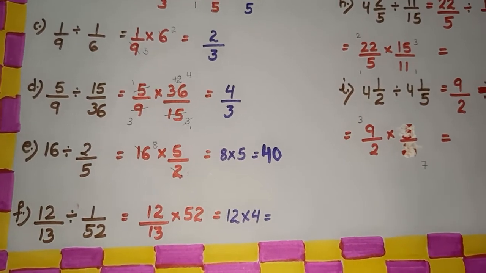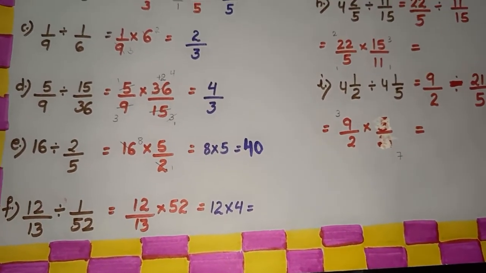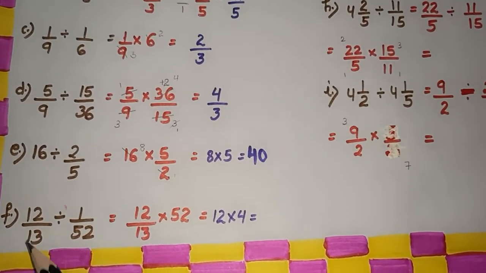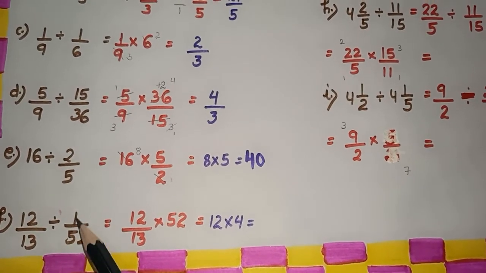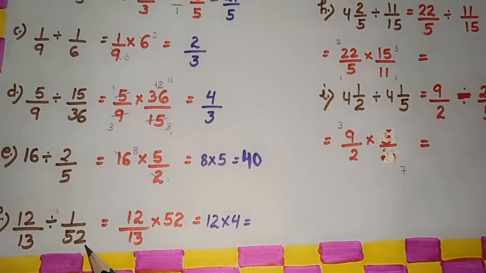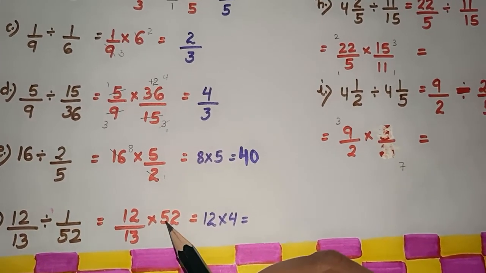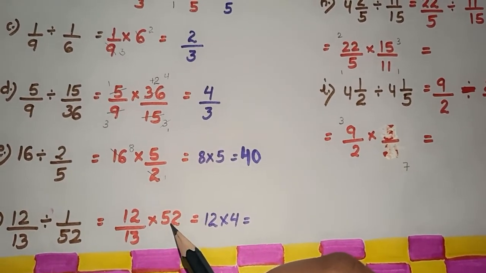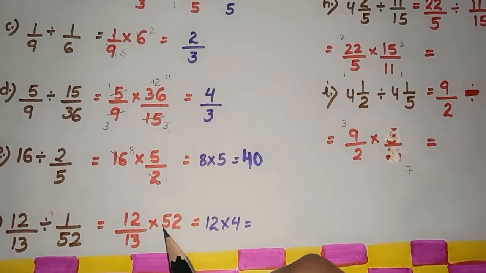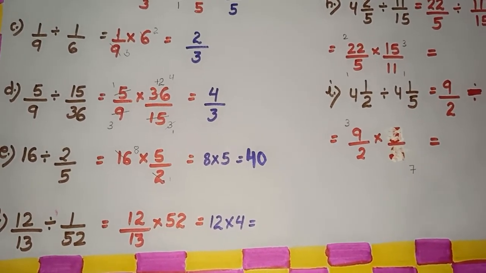Okay, now see F part, 12 upon 13 divided by 1 upon 52. So we need to reciprocate this fraction, and this 52 will be written down in the numerator part along with changing the sign.